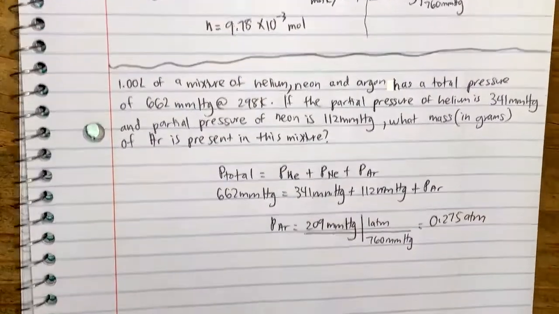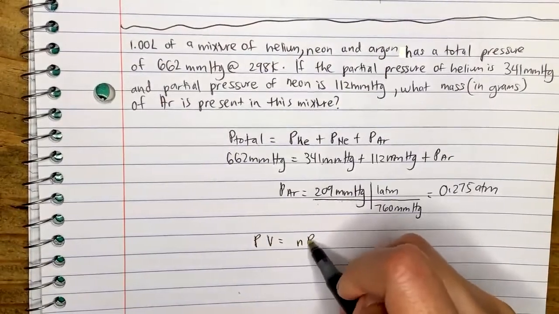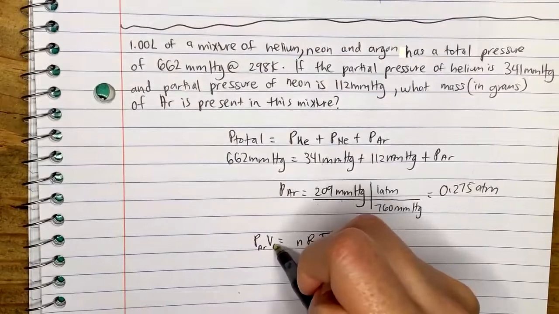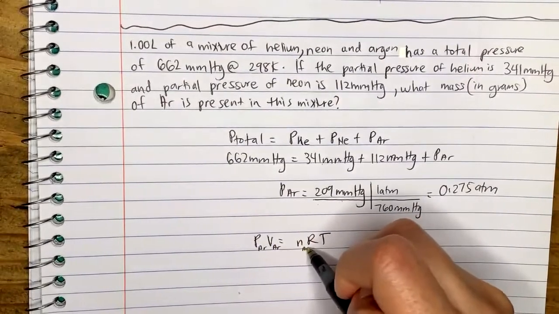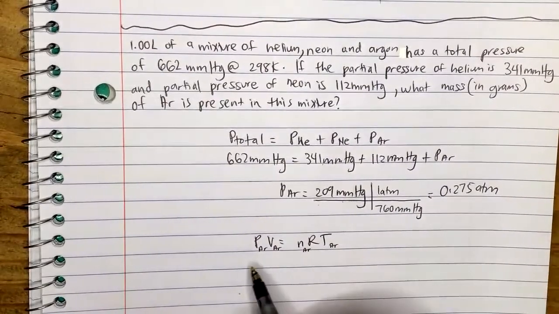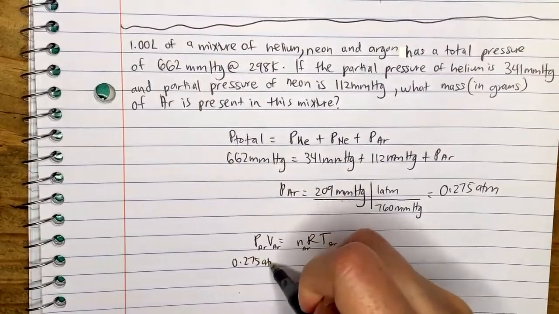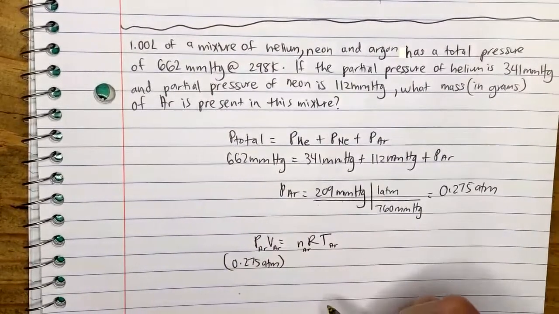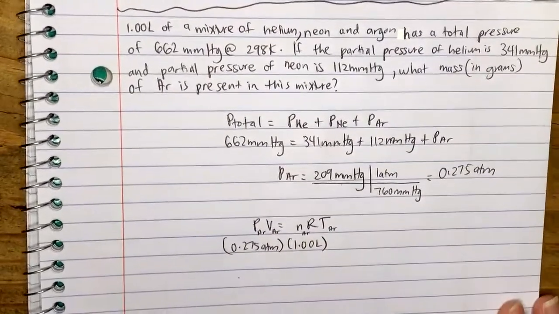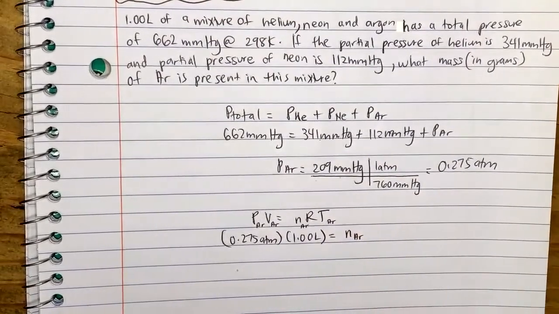Okay, so now we want to do PV equals nRT of just argon. So I'll put P of argon, V of argon, n of argon, R, and T of argon. The pressure of argon was 0.275 ATM. The volume of argon was 1 liter, because all the gases took the same volume. Number of moles of argon is what we're looking for.